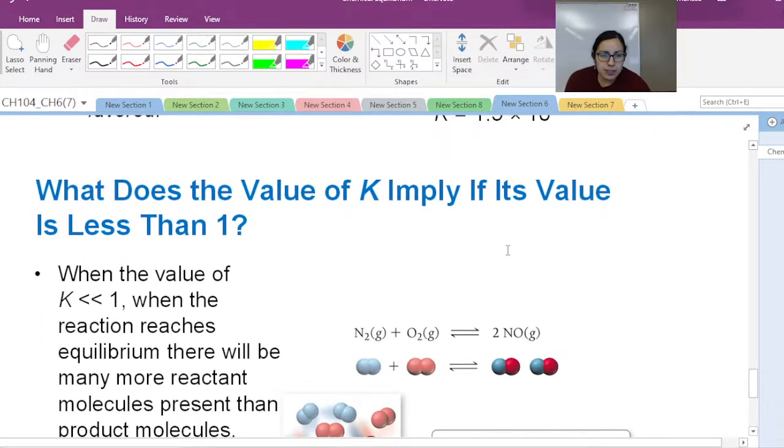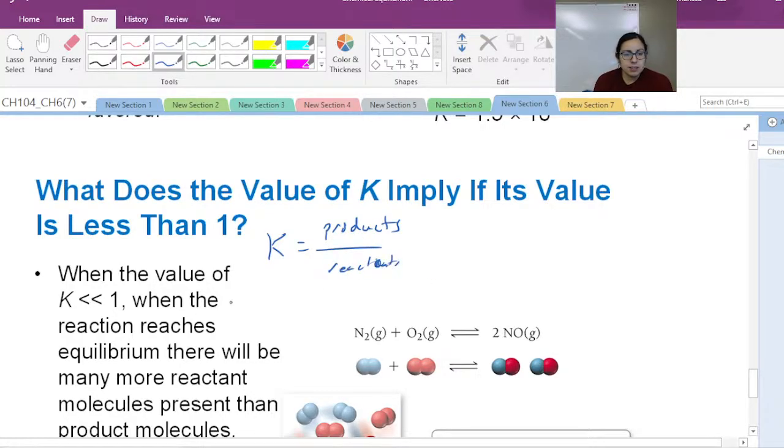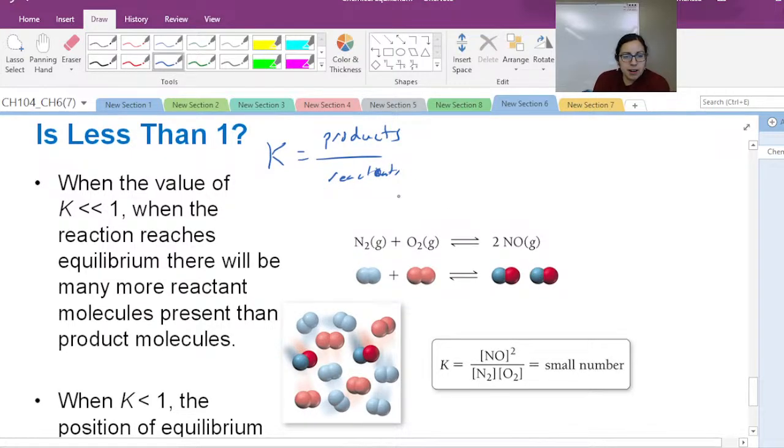And okay, well, let's look at the opposite. So what happens if our value is much, much less than 1? So again, just think about this. Simplify products over reactants. Well, if it's much less than 1, then we must have a lot of reactants. And so, okay, let's look at this scenario.